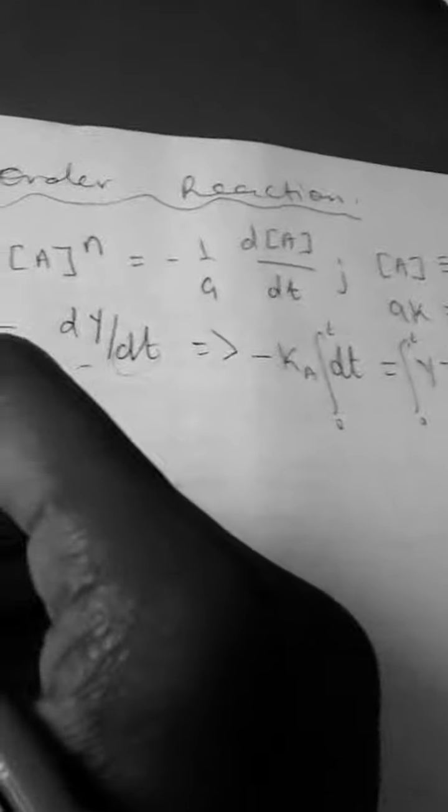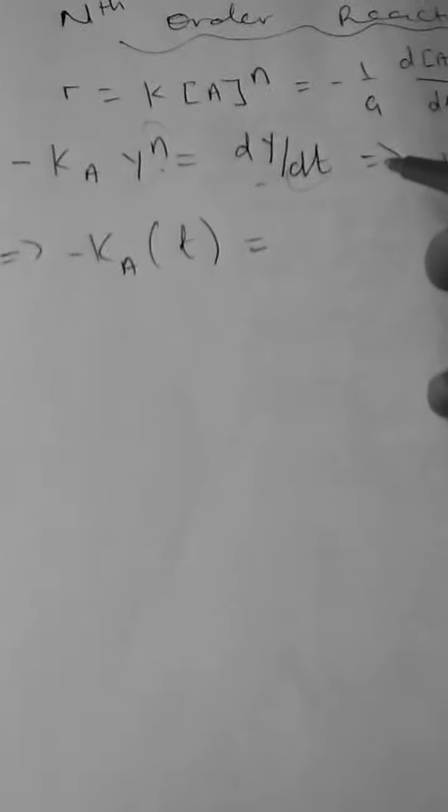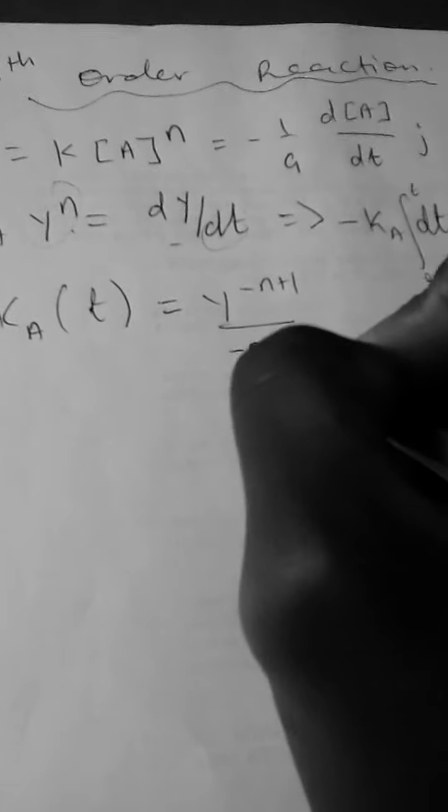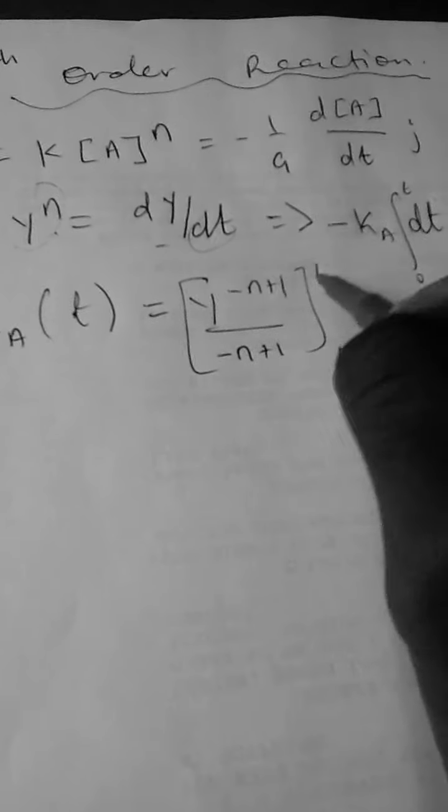Now I can integrate this from 0 to t, and this will give me minus k_A t equals y^(-n+1) over (-n+1), from 0 to t.